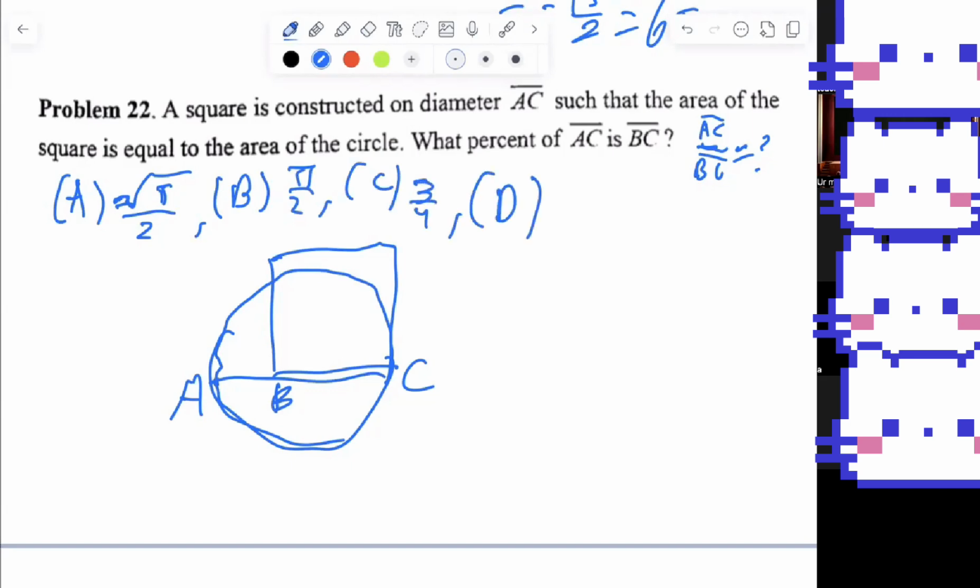D, 3 pi over 4. E, 2 minus pi halves. Those were the answer choices. I'll let you guys have a go on this question. Try to find something else. Get the answer from there, okay?